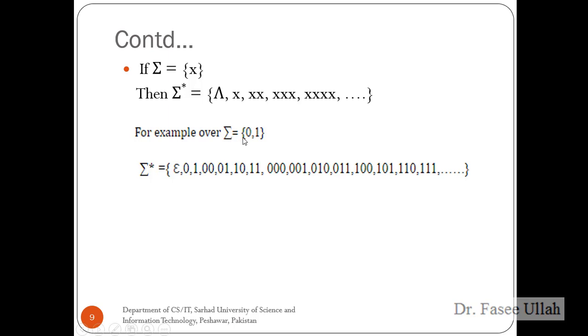We have another example from the set sigma, which contains 0 and 1. How can we design an infinite number of strings from the given input string in this example? If we implement it using the star, we have to put the empty symbol. This symbol or this symbol, both are the same, depending on which you want to use. Here we put the epsilon symbol.